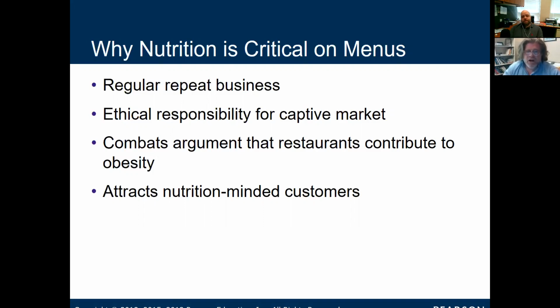Another reason nutrition is important is if we're in a situation with a captive market, like here at the college, you guys pay for a meal plan. You're eating these meals. For the most part, I could probably write a menu that would keep college students happy, that would be really heavy on fried food and things like pizza and Taco Tuesday and stuff like that.